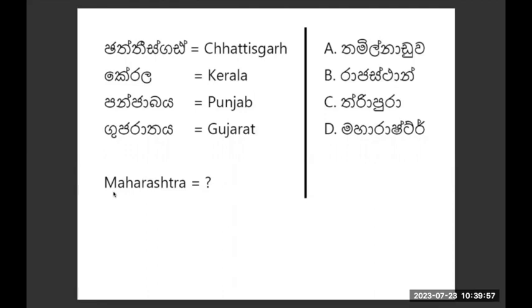Find that similar letter, and that letter will also come in two places in the word Maharashtra, Mahara and Tra at the end. So there are two parts, Ra here and Ra here. It's Tra, it's not Ra, but it's similar.